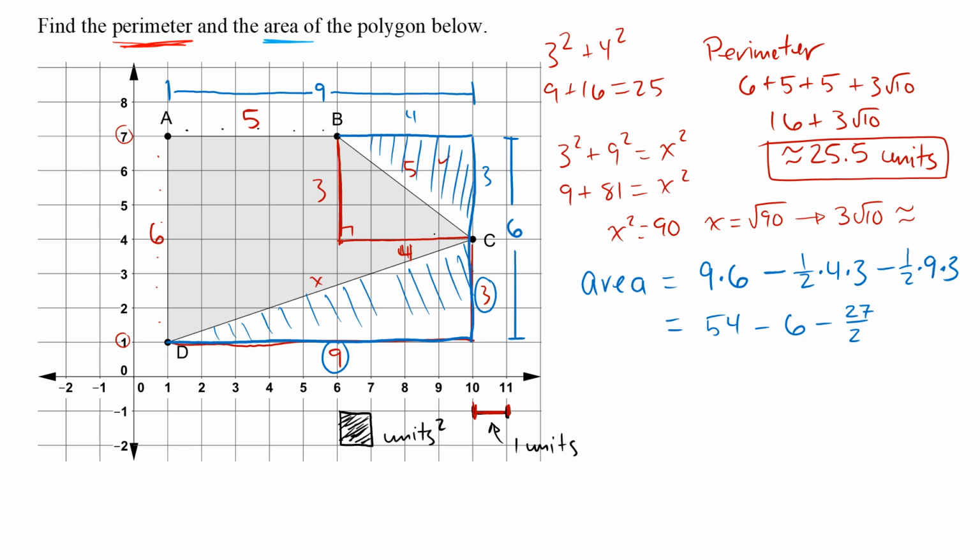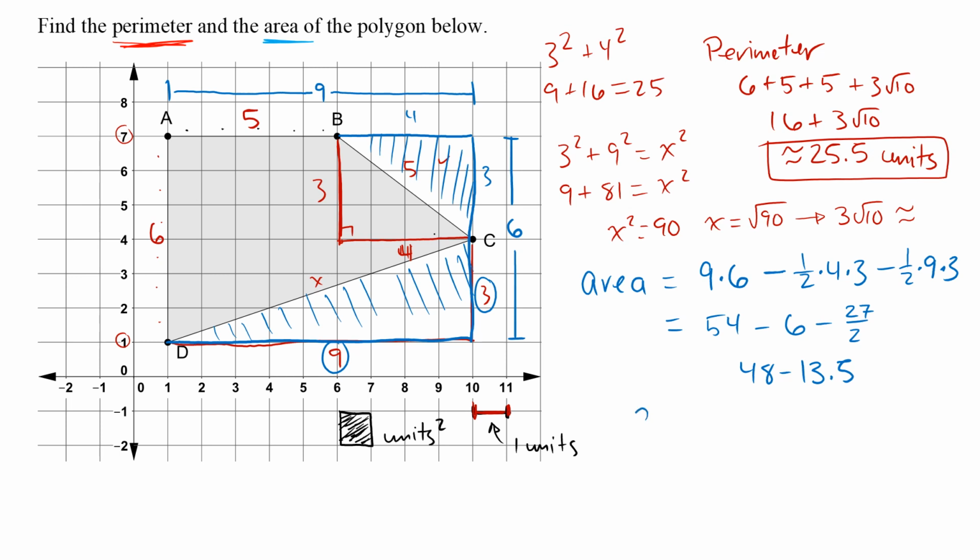So I've got 54 minus 6, which is 48, and then minus 13.5. Whoops, not 11.5, 13.5. I wrote 11 twice. That's great. 13.5. So 48 minus 13.5, we're looking at 34.5.